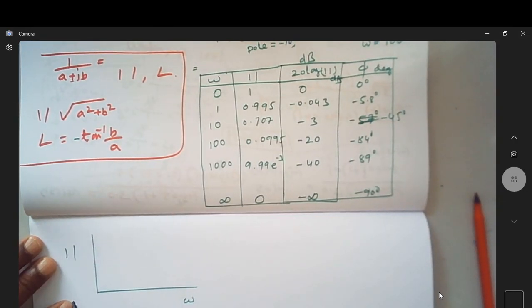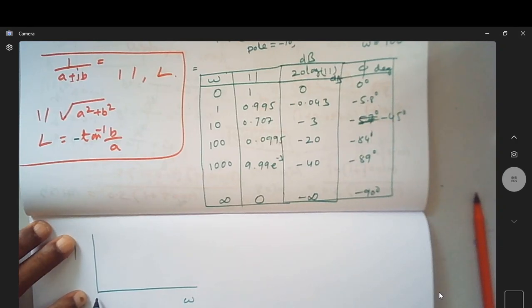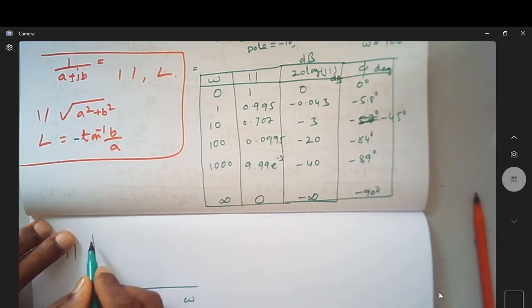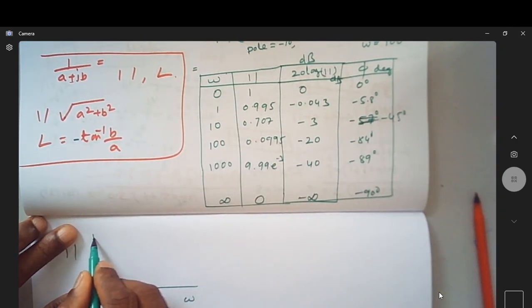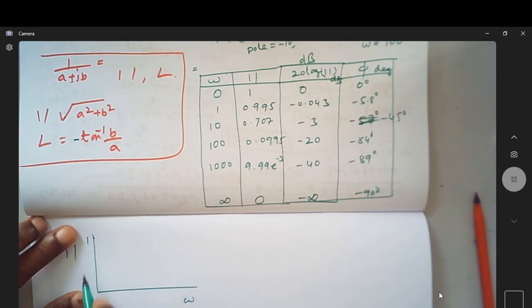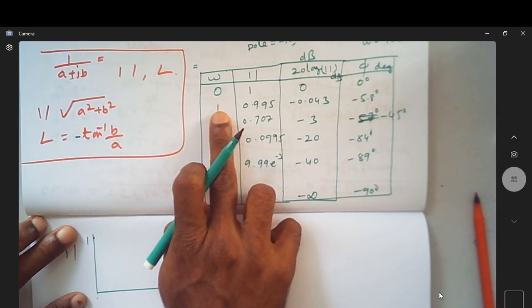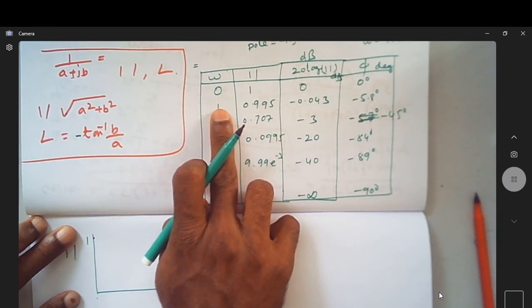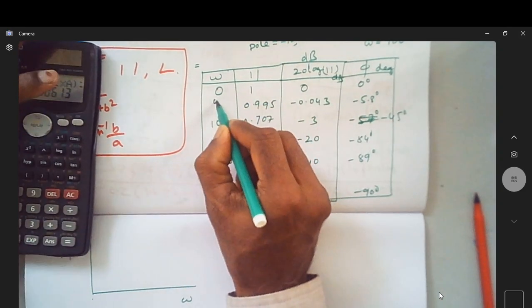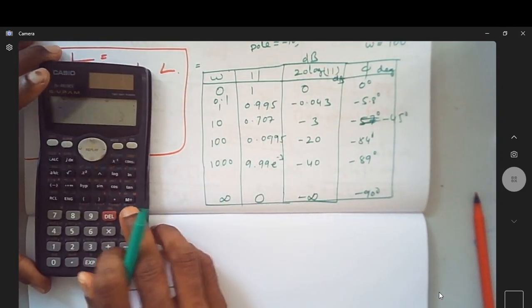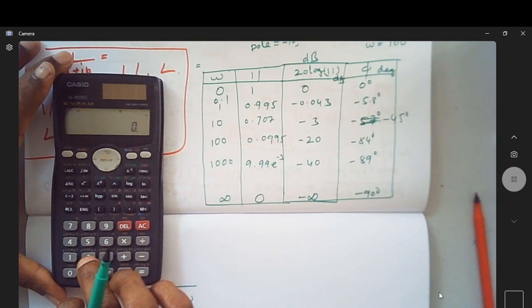What is the magnitude? When omega is very, very small, the magnitude is 1. Maybe you can make it as 0.1.